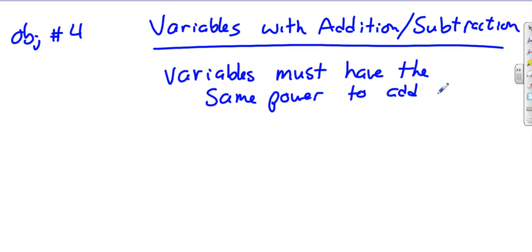Well, if they start giving you variables, if you're going to add and subtract variables, the variables have to have the same power to either add or subtract.